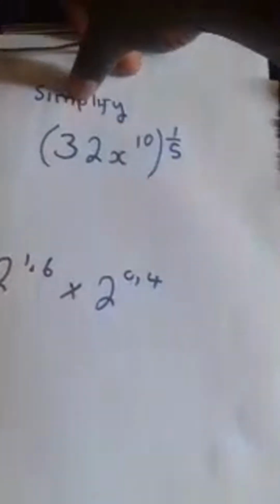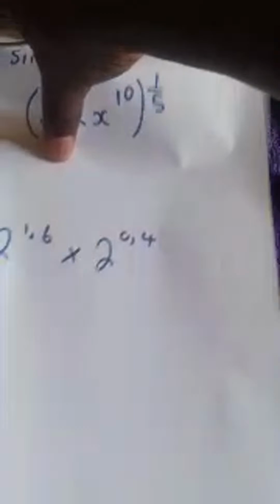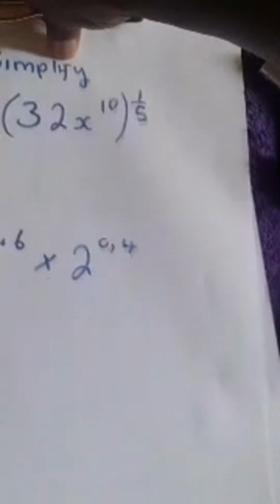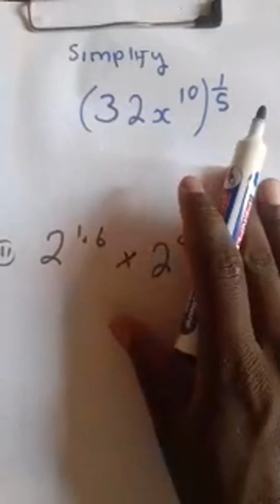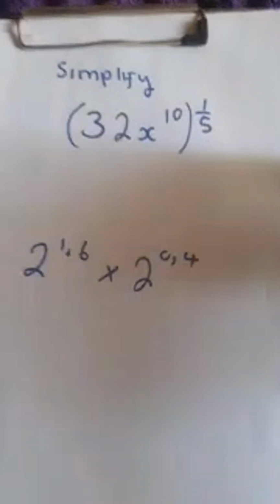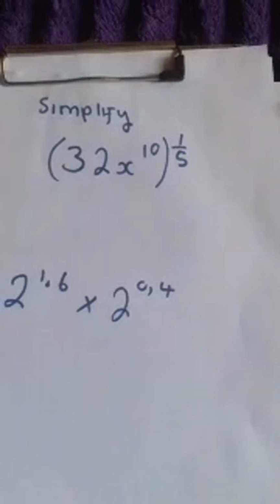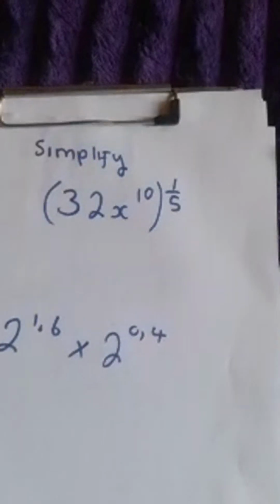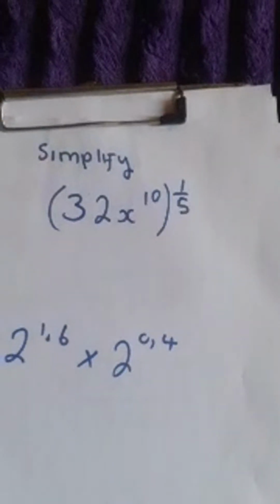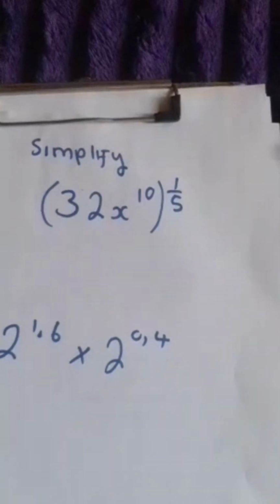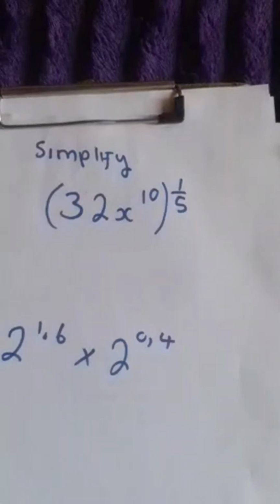Right, that's our next question right here. We want to simplify these ones. So 32x raised to the power of 10, all raised to the power of 1 over 5.